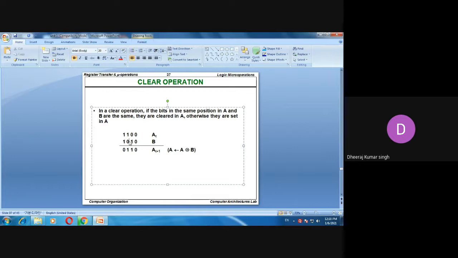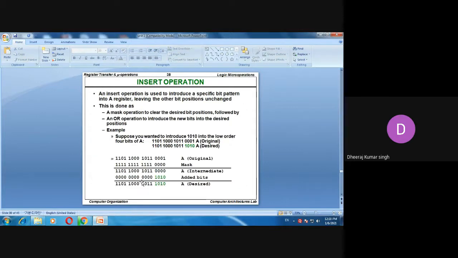This bit is 1, so it is as it is. Then this is 0. This is 1 as it is there. This is 1, so this is 0. So in the clear operation, if the bits in the same position in A and B are the same, they are cleared in A, otherwise they are set in A. So where the bit is common, the result is 0, otherwise it is 1.